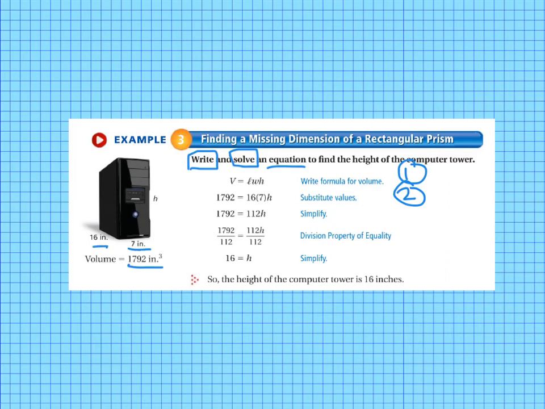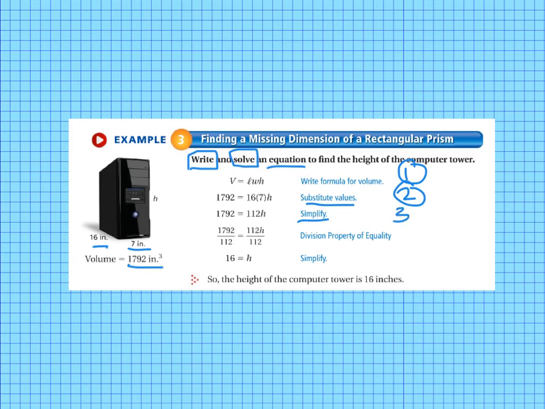So you have 16 times 7 times h. So that's what it looks like when you substitute the values. And then you simplify as much as you can. So you have 1,792, your volume, equals 112 times the height, whatever that is. You don't know what the height is yet. You're going to. So you simplify.